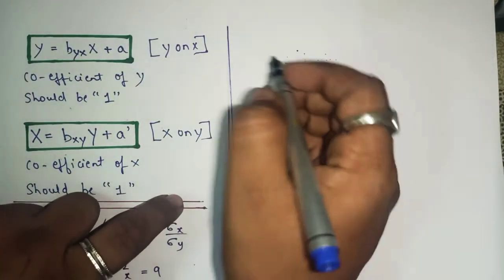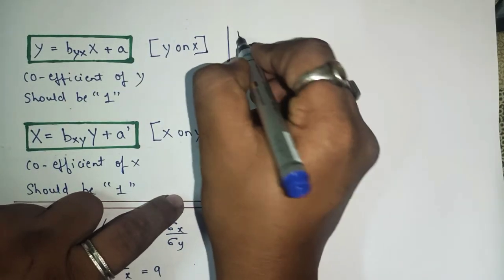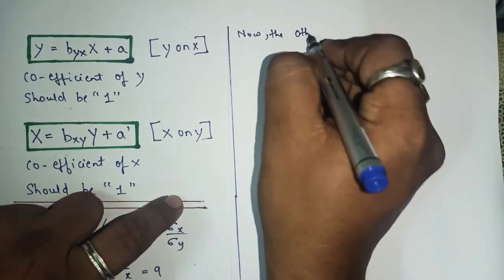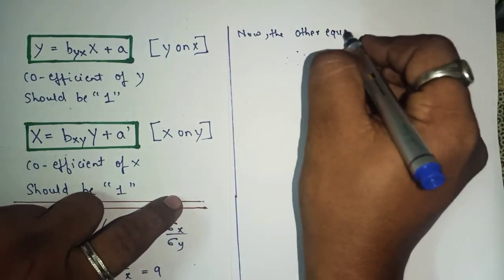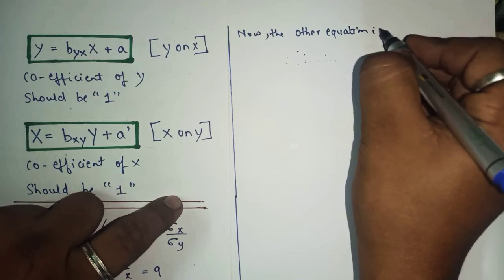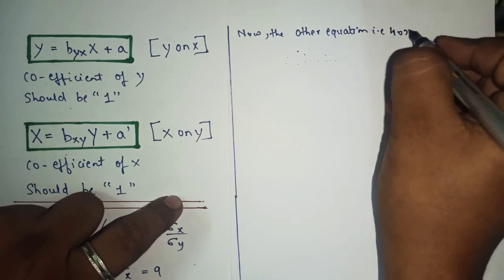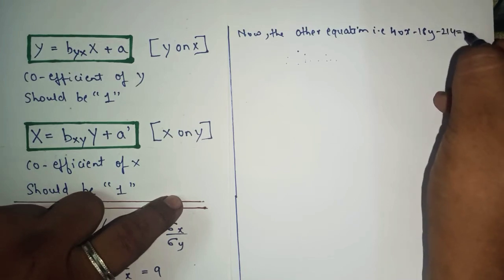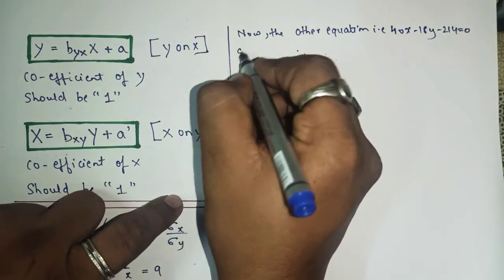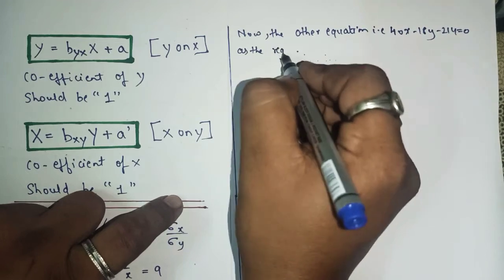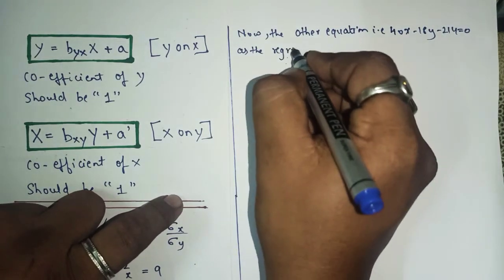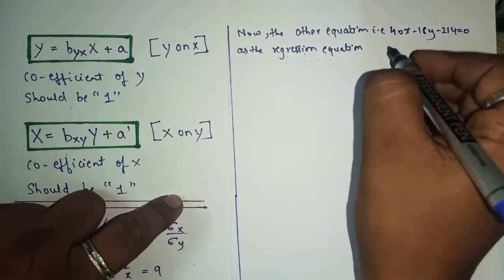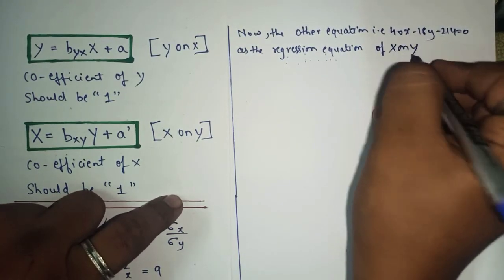So we'll consider the other equation, that is 40x minus 18y minus 214 equals 0, as the regression equation of x on y.